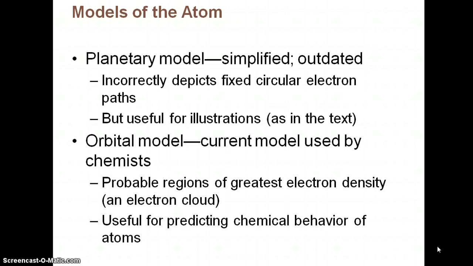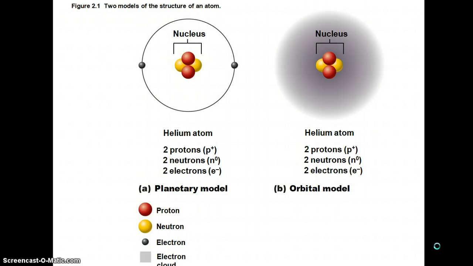Then we have the orbital model, which is the current model used by chemists, where basically it gives where the most probable regions of electron density are going to be, and it's useful for predicting chemical behavior of atoms. And this is where you start getting into the different shapes of the actual orbits of the electrons.